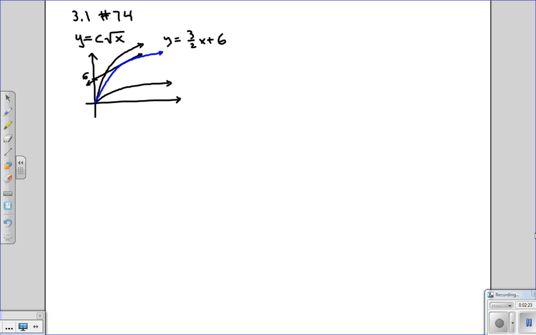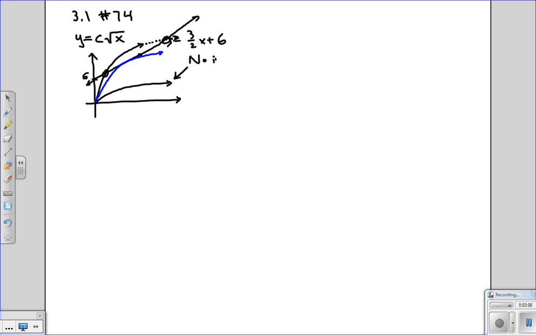Now, what happens with all of these other ones? Or in particular, what is so special about the one that we drew in blue? Well, if you were to extend this line further, all of the other solutions would either intersect the line twice, like the example that I've just drawn, or they would intersect the line no times, like this example.